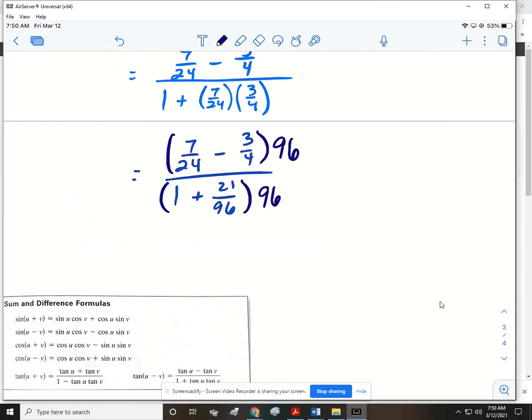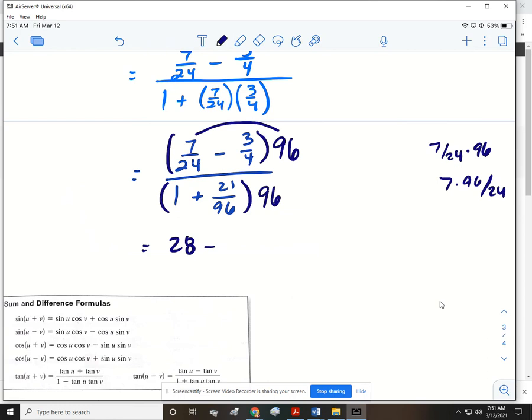So I'm going to multiply 7/24 by 96. If you have that little blue calculator, you can do 7 divided by 24 times 96, or 7 times 96 divided by 24. Either way, it is going to work out that is 28.